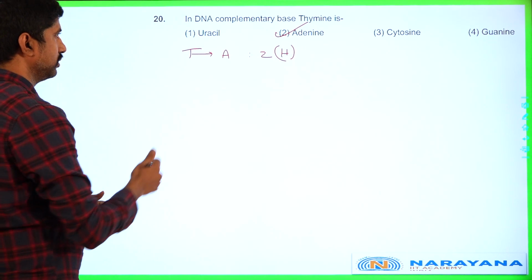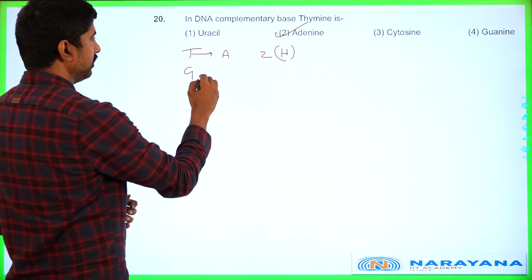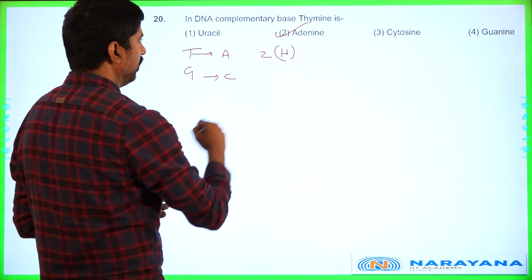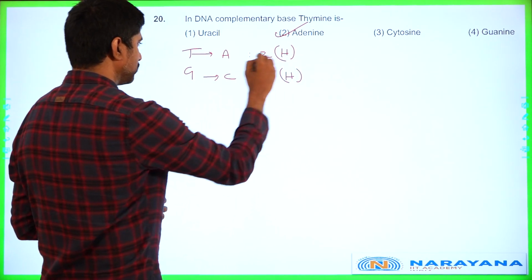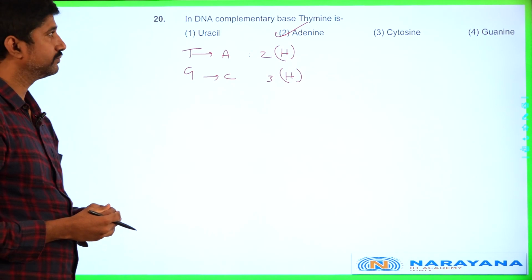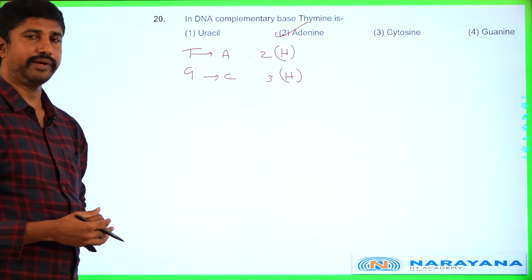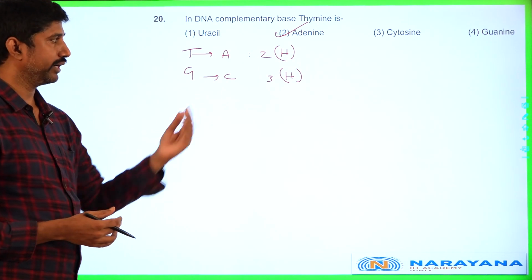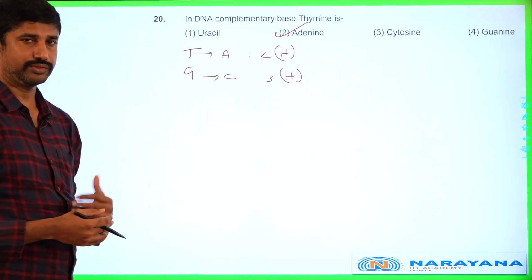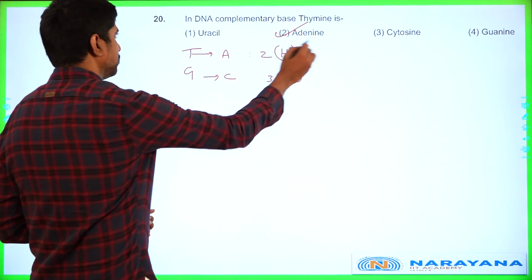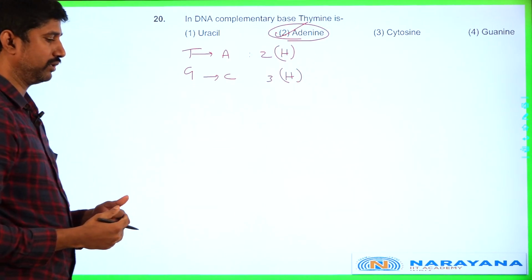And for G, guanine, the complementary base is cytosine, and there are 3 hydrogen bonds associated there. So in DNA, the answer is adenine. Question number 20.